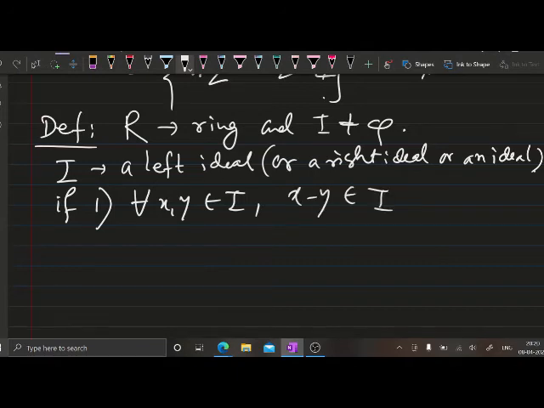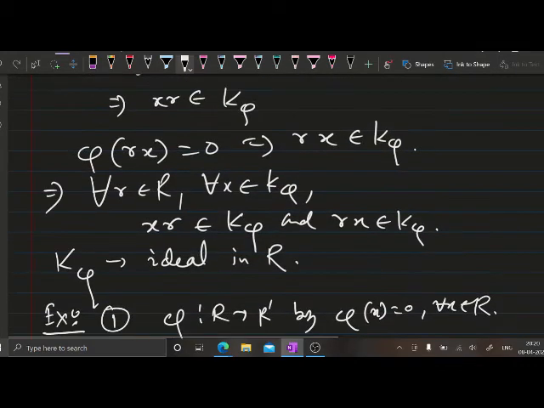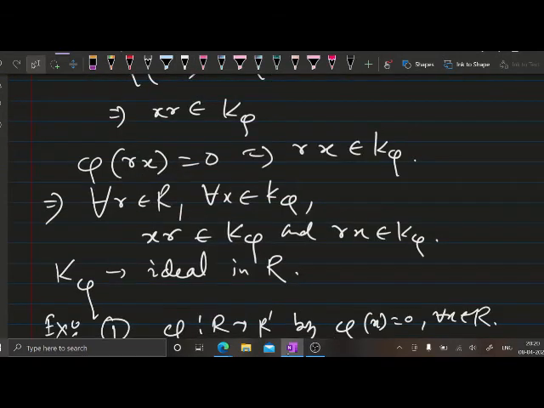Okay, and secondly, you can also see in the case of a kernel that if you take any element from the ring and any element from the kernel, then their products also belong to K phi. So we shall divide these two concepts. Firstly we take this one, which will give us left ideals, and secondly we take this one, which will give us right ideals, and if both happen, then we call it an ideal.